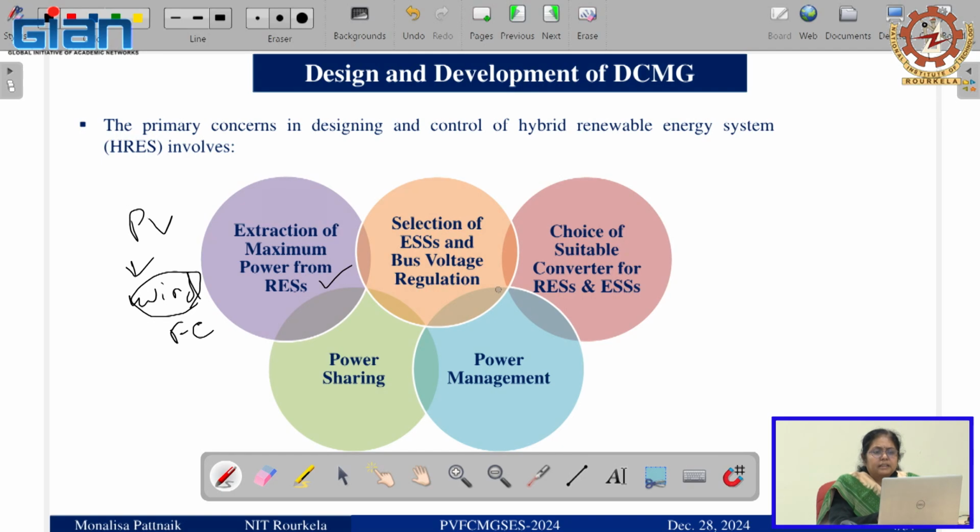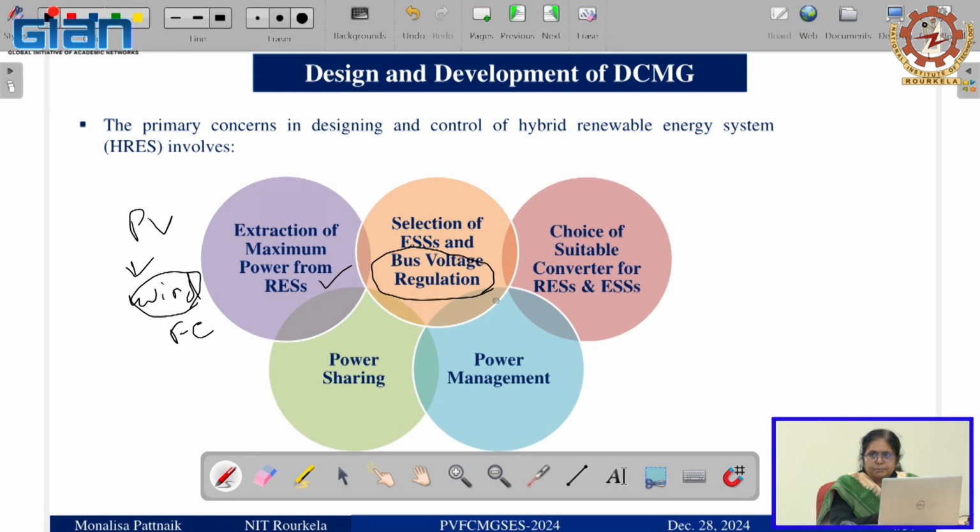The second case is, when we are integrating a storage with the renewable energy system, the main aim is to regulate and keep the bus voltage constant. So here we regulate the bus voltage by adding an energy storage system, which we have to select. First, to make the system simple, we have added a single storage unit, that is the battery energy storage unit.